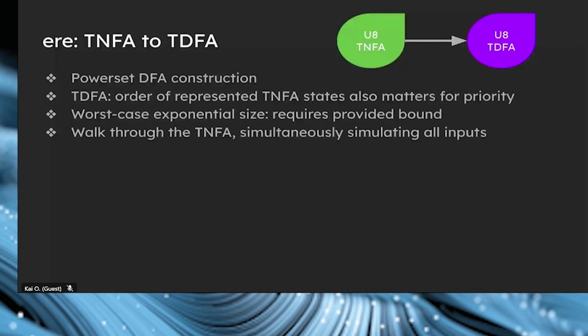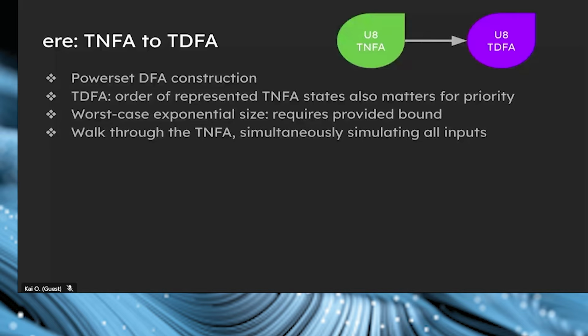Notably, since we have these tags with different priority orders, unlike a normal power set DFA, we're going to have individual states based on the priority. So if we have a state that represents state 1 in the NFA and then state 2 in the NFA, and then we have another one that has 2 as higher priority than 1, those are going to have to be separate DFA states rather than having it be set-based.